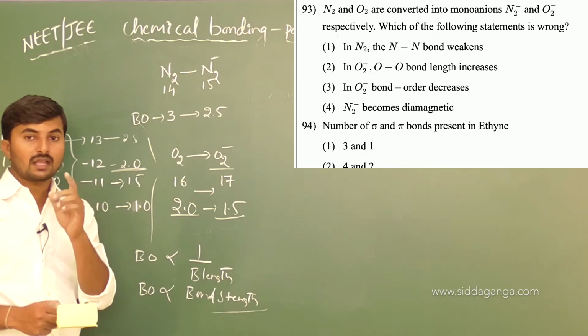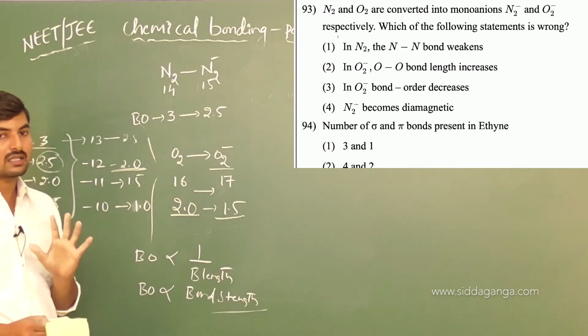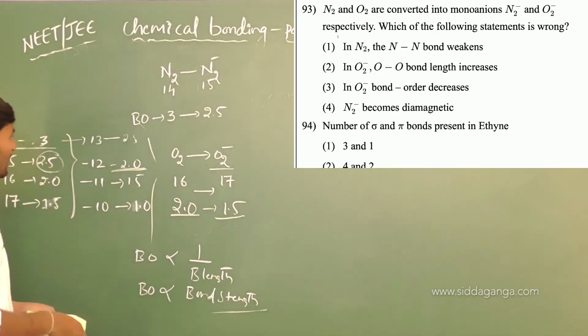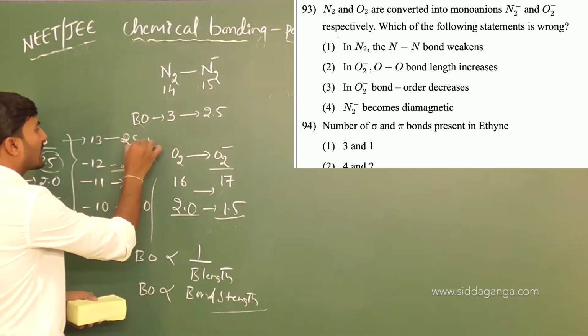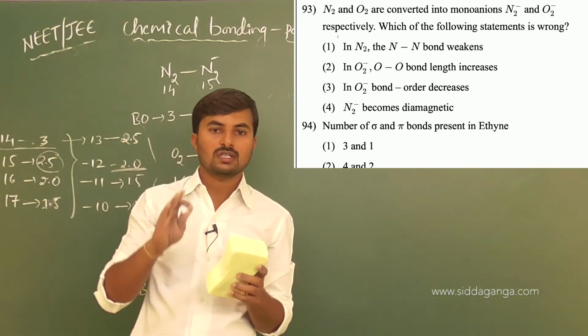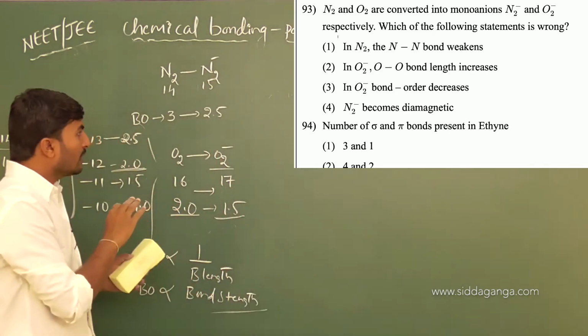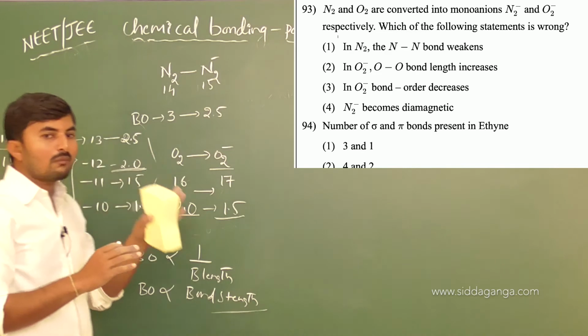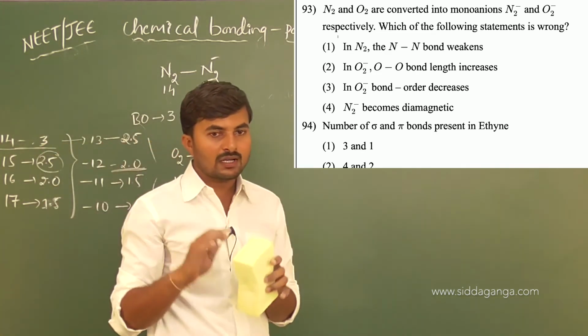And the fourth one is, N2 minus becomes diamagnetic. In the previous class I had already explained how to identify the magnetic nature of molecules using the number of electrons. If the molecule has an even number of electrons, it becomes diamagnetic.